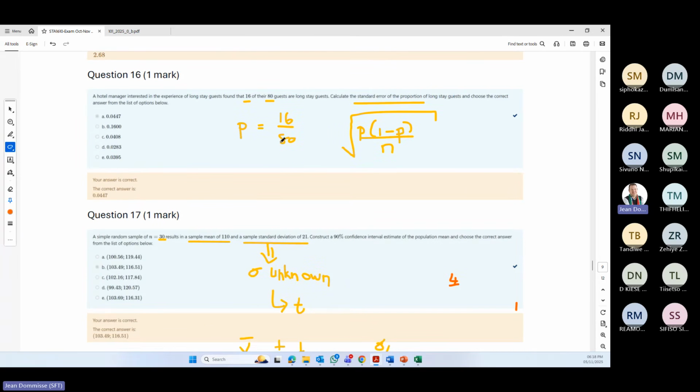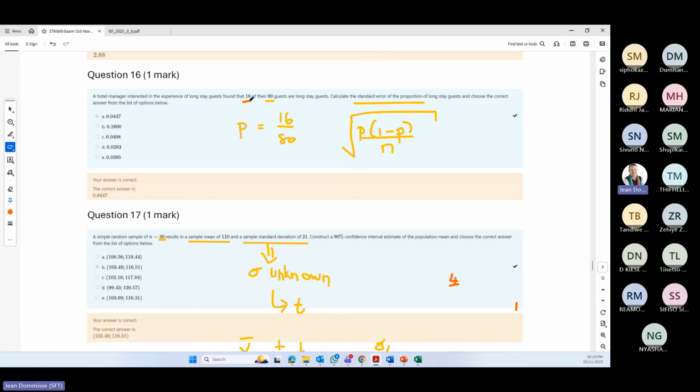So let's see here, standard error of proportion. First we need to find out what is that proportion. The hotel manager interested in the experience of long stay guests found that 16 out of 80. I don't want to work with fractions, so let's just get that, it's 0.2.